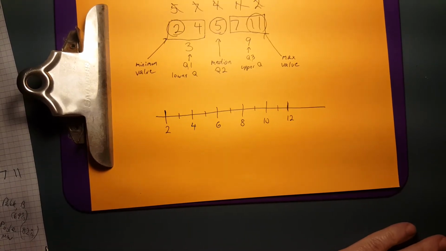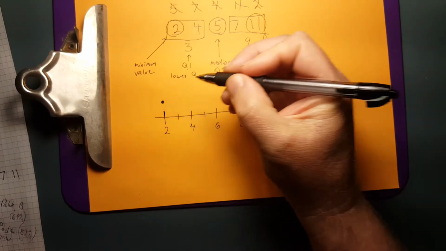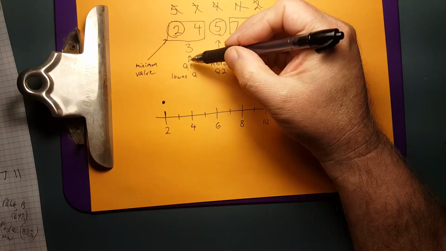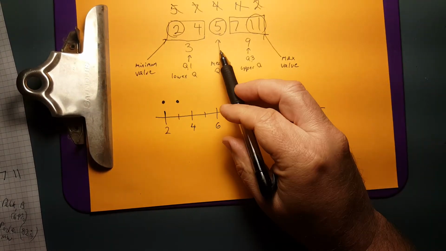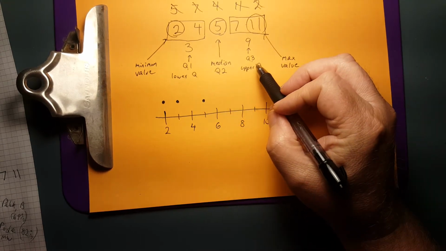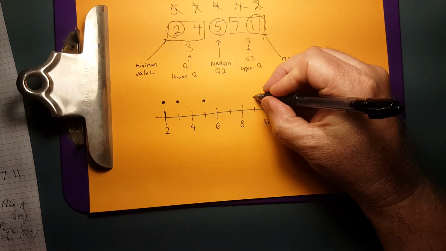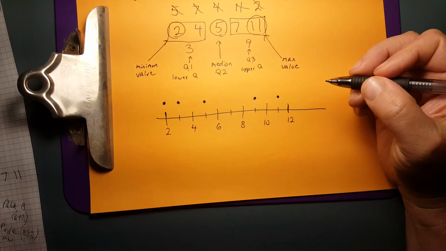Not on the number line, you put them above the number line. So 2 is your minimum value. You put a dot on 2. The first quartile is 3, so you put a dot on 3. The median is 5, so you put a dot there. The upper quartile is 9. And the maximum value is 11. So we have our dots.